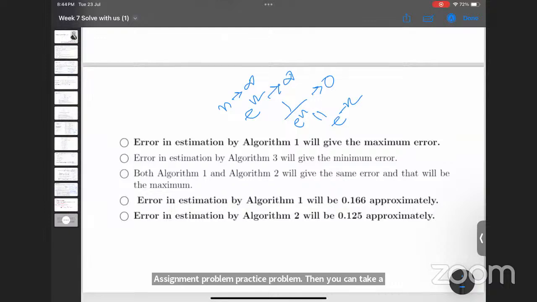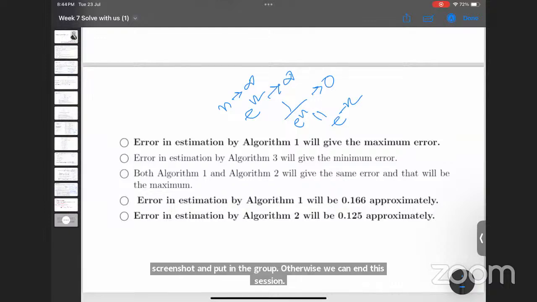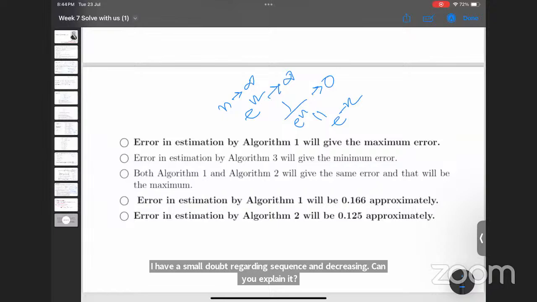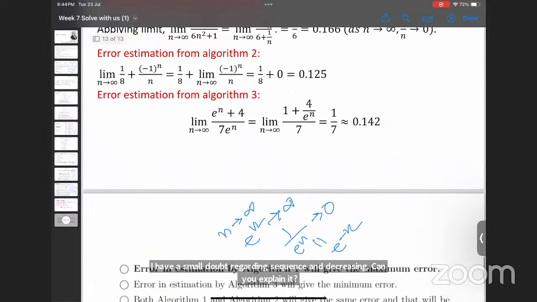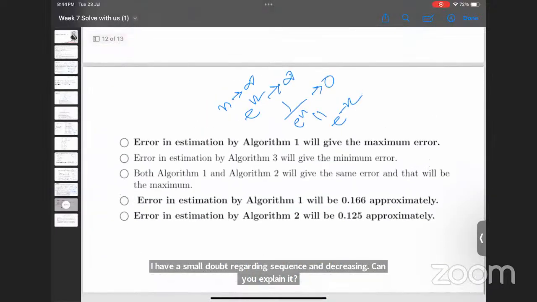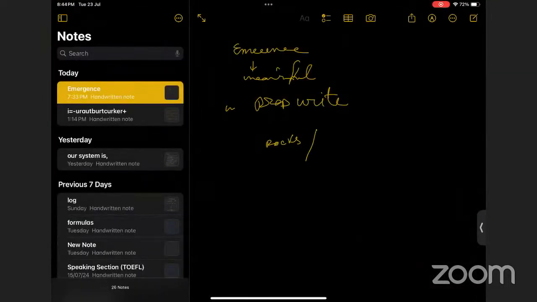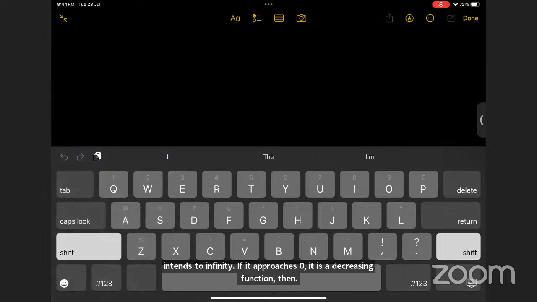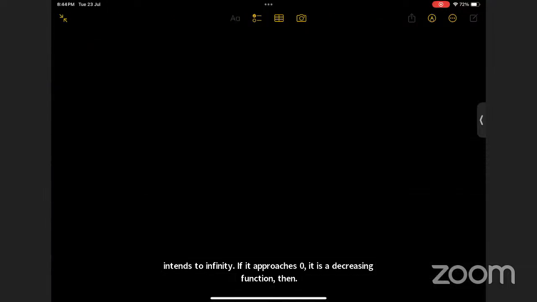Ma'am, I have a small doubt regarding increasing sequence and decreasing sequence. Can you explain it? It's the same as increasing function and decreasing function. Do you know what an increasing function and decreasing function is? We have a formal definition.